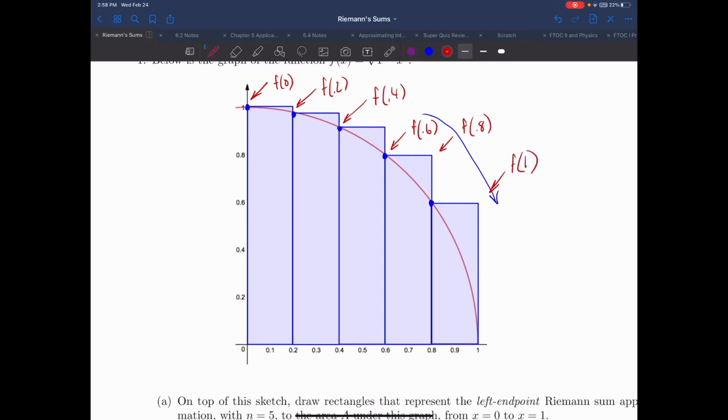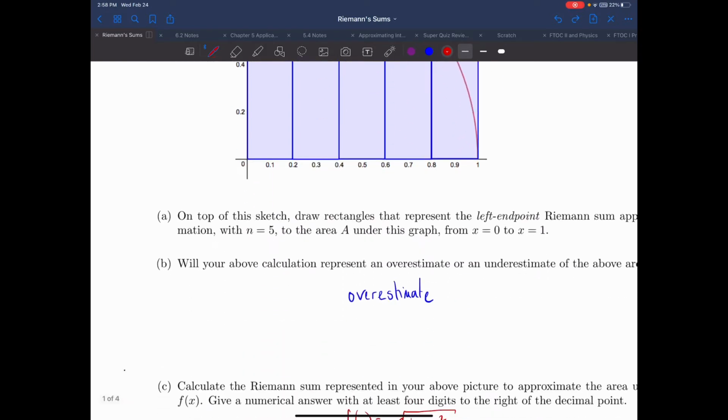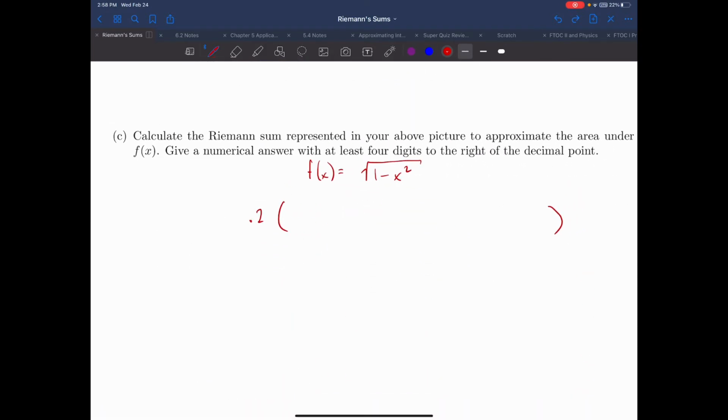Oh, actually, we don't calculate f of 1 at the end, because that's not a left-hand endpoint. So we should have 5 rectangles and 5 values. All I'm going to do is write those down right here: f of 0, f of 0.2, f of 0.4, f of 0.6, and f of 0.8. So I should have 5 values in there, all multiplied by 0.2, which is the width of each rectangle.